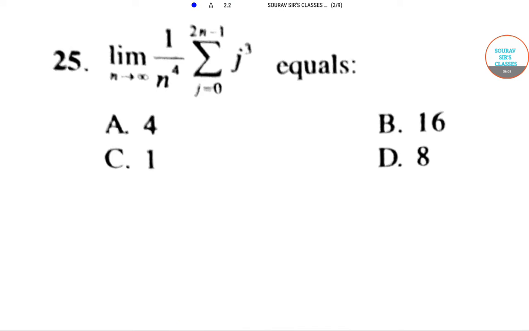Now moving to the next question, and this question is about a summation. Now we have a summation that looks like this, and we have to solve this. Okay, this one is really easy.